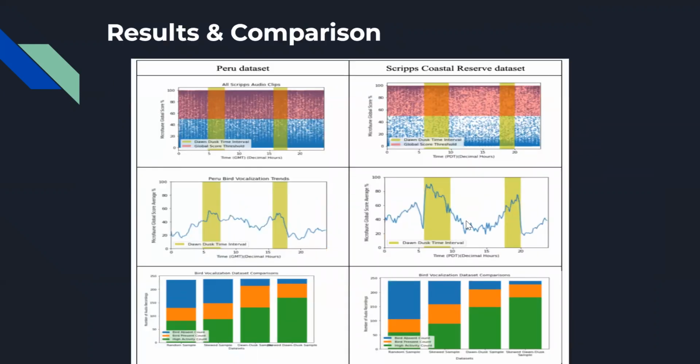Because our project is to replicate the NeurIPS paper that Jacob and his group members did before, they want to find out whether these four methods could be used in different data sets. On the left is the pro data set, which is the data set we use. And on the right is the Scripps Coastal Reserve data set, which is the data set that Jacob and his group members use.